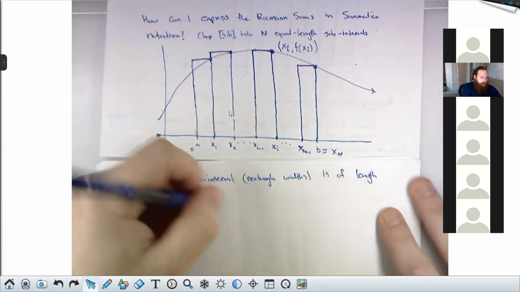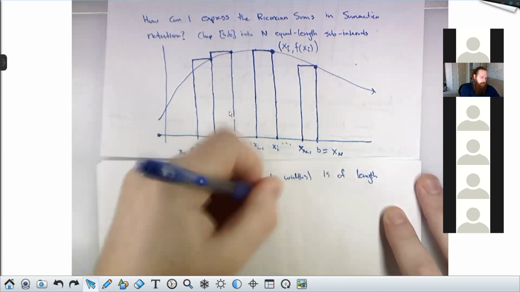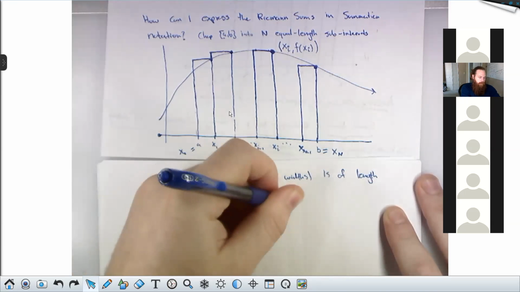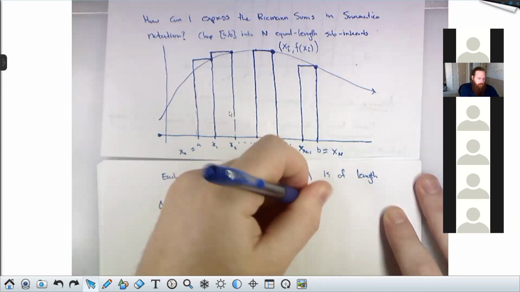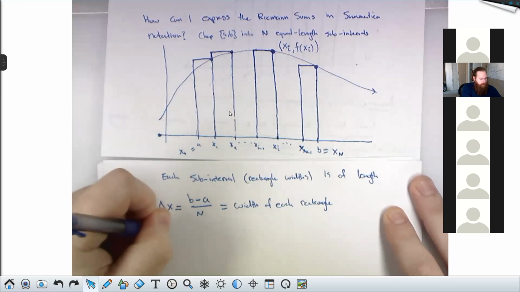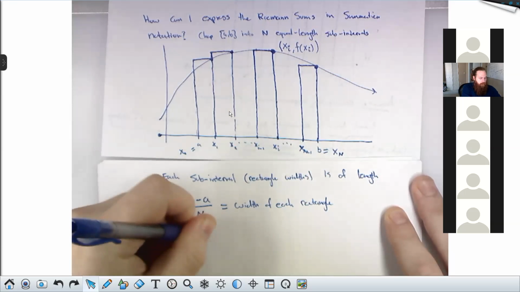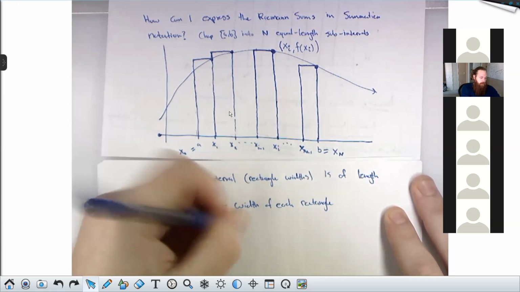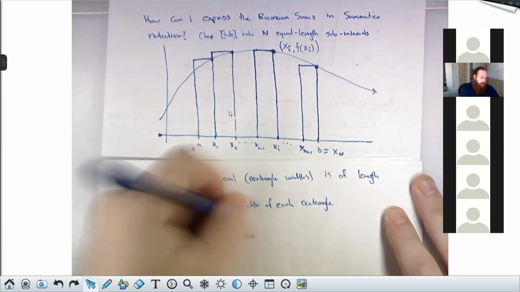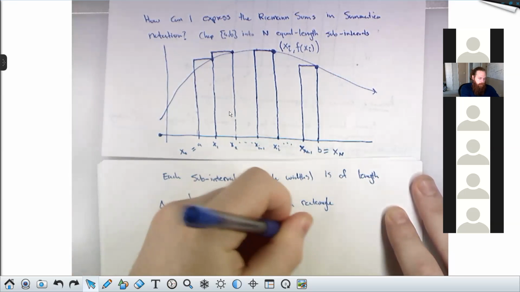So your delta x here is the width of each rectangle, and f of xi is the height of the ith rectangle.